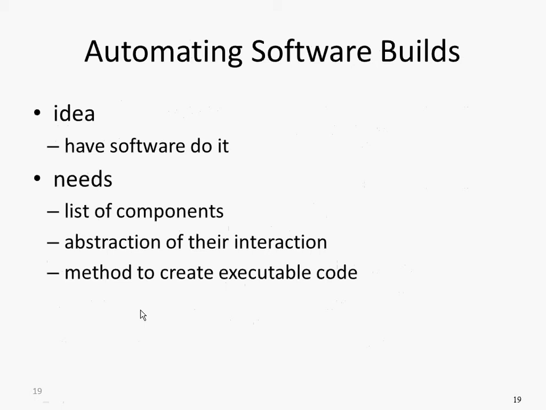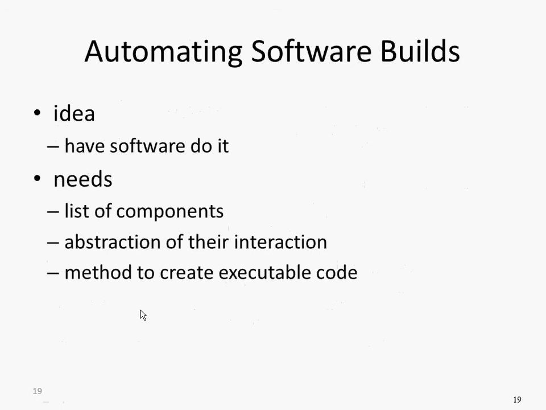Okay? So what's needed for this? Well, we need some way of specifying the components in our program, and some way in which one depends on the other, like this .c file depends on this other .h file, and maybe that .h file depends on these other .h files.